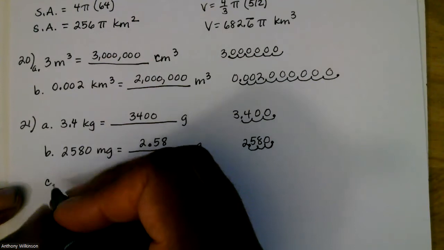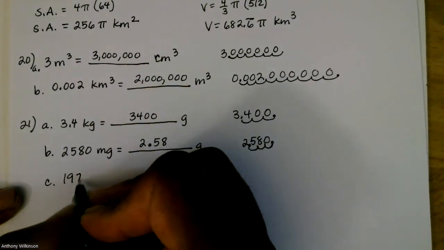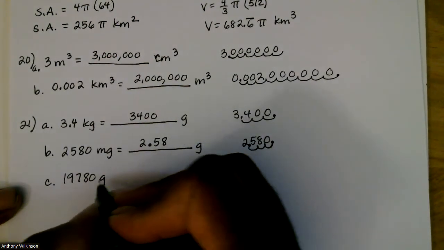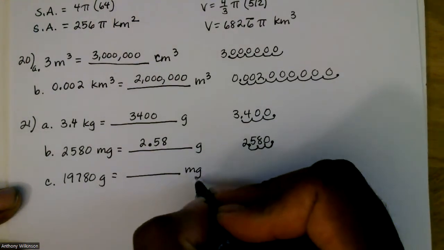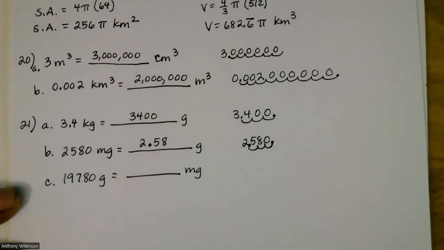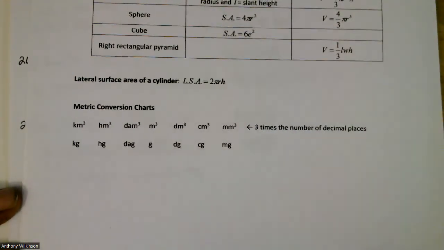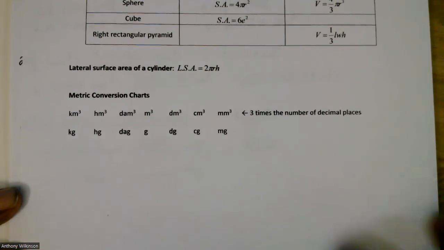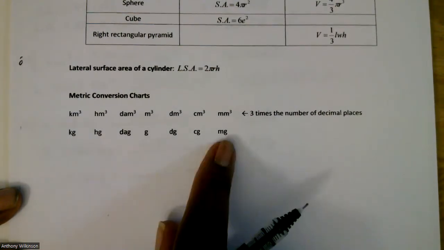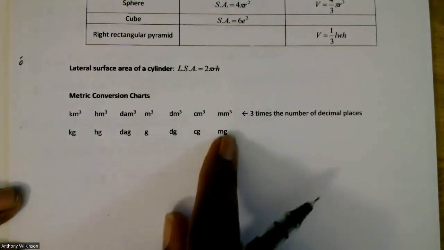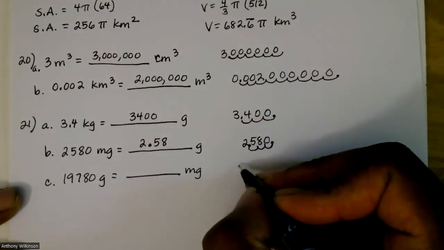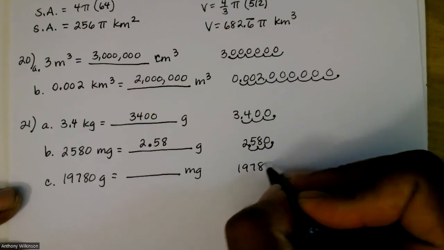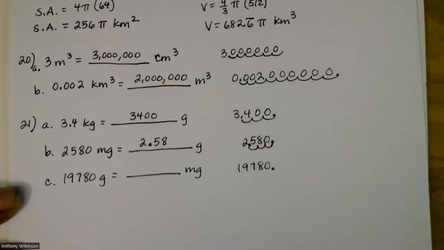And finally, part C, 19,780 grams is equal to how many milligrams? So from grams to milligrams, I'm going 1, 2, 3 places to the right. The decimal point in 19,780 is right behind the 0.